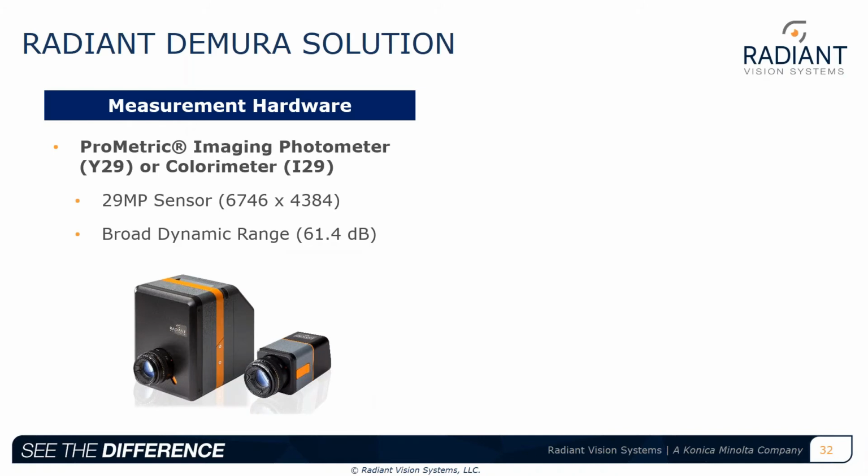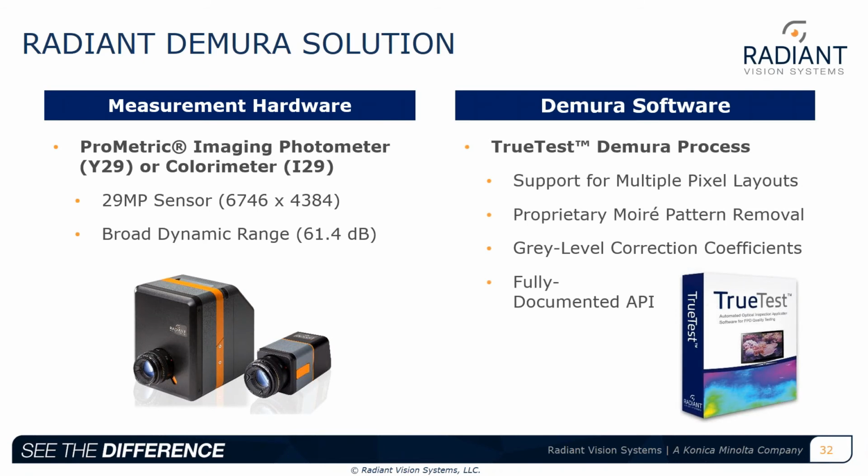Radiant provides the measurement solution for Demura applications with sufficient resolution, dynamic range, and software flexibility to acquire OLED pixel data regardless of display variation. Radiant TrueTest software offers a number of powerful features that are ideal for OLED applications. First, a method to process PenTile, which is the distribution of subpixels.